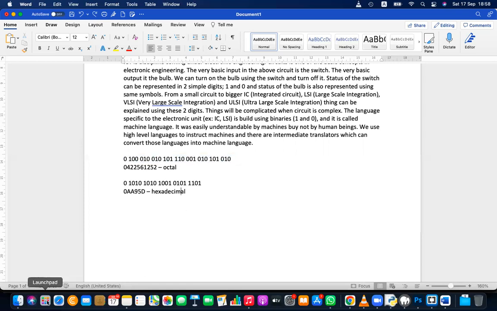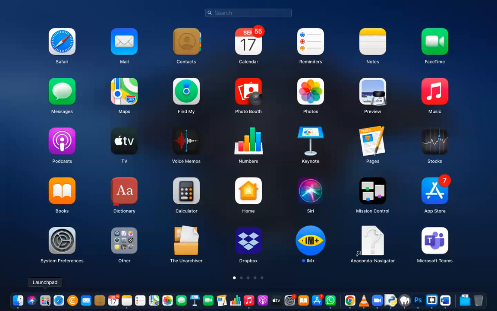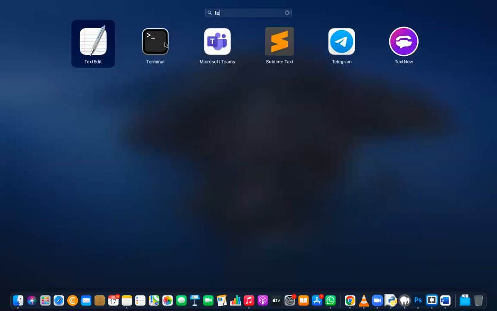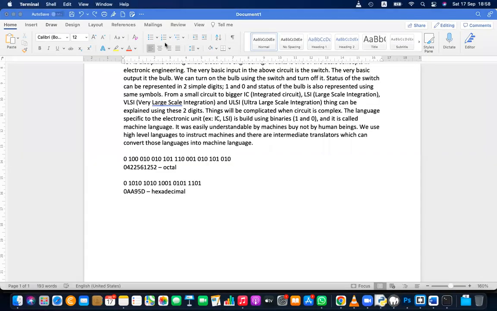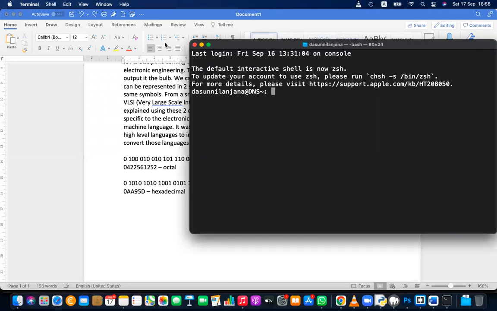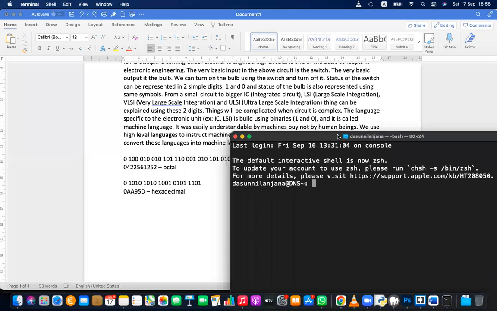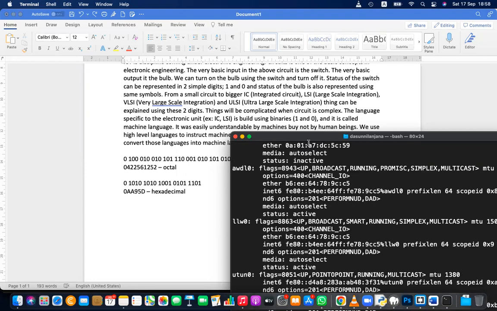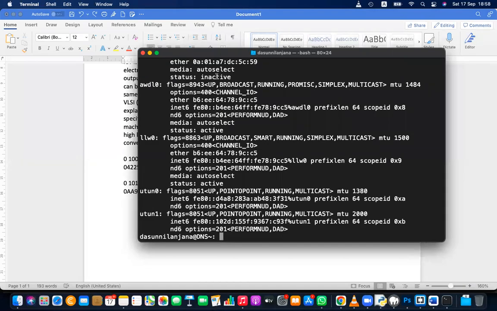So let me show one thing. If I go to my terminal, you can do this on a Windows computer. You can access your command prompt. If I write ifconfig there, on a Windows computer you can write ipconfig. You can get the details of IP addresses and Ethernet addresses, all these things. Can you see this is the inet address?